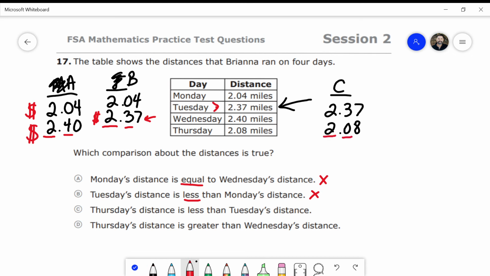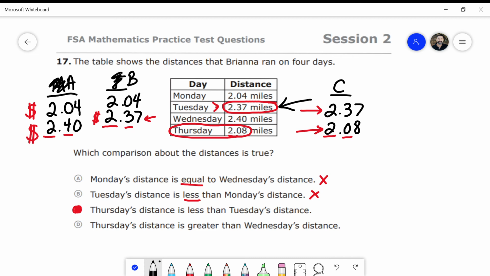The tenths place, well, 2 37/100ths is greater, and 2 37/100ths is Tuesday. And we're comparing that to Thursday, but it says Thursday's distance is less. So this is Thursday, 2 8/100ths. They're saying that's less than Tuesday, which is 2 37/100ths. Well, that would be true, right? Thursday, right here, is less than Tuesday, right here. So we know that's a true statement. So we bubble that in.